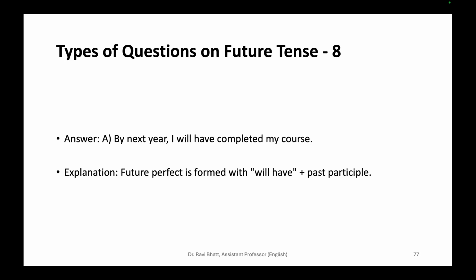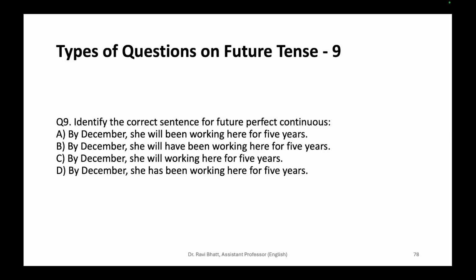Now come on to the next one. Identify the correct sentence for future perfect continuous. Now, future perfect continuous, what I'm referring to is a specific time frame in the future, and I'm referring to any unfinished work with reference to that time frame. So there are four options to this question.